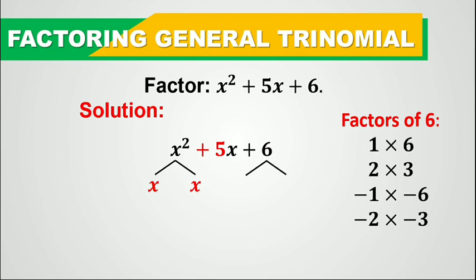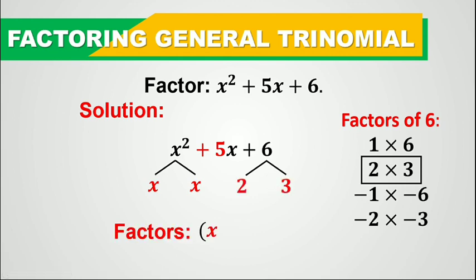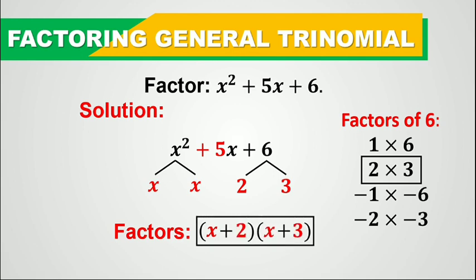And which among these factors, when you add them, the answer is the numerical coefficient of the middle term, which is 5? It's 2 and 3. Therefore, the factors are x plus 2 times x plus 3.